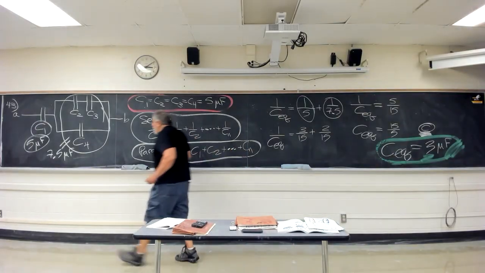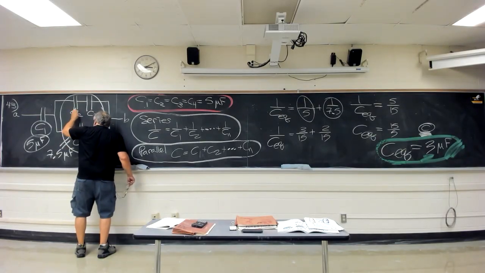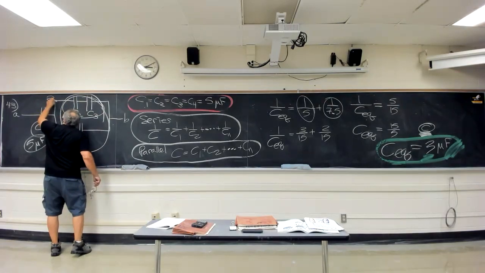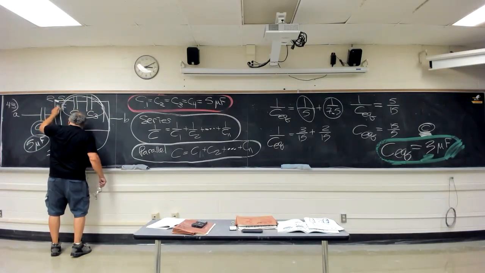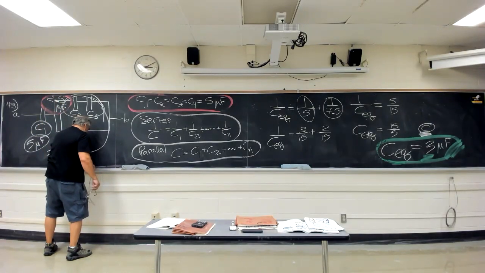When we talked about finding out the series combination here, where C2 is 5 microfarads and C3 is 5 microfarads, that combination right there was 2.5 microfarads. I'll be the first one agreeing with that. I mean, that's what that was. You did that.